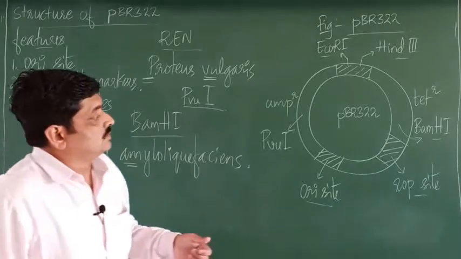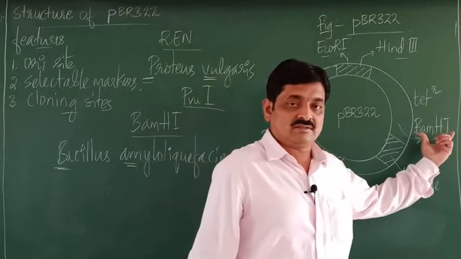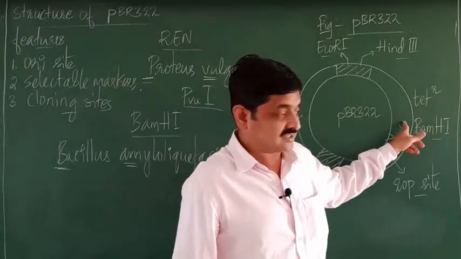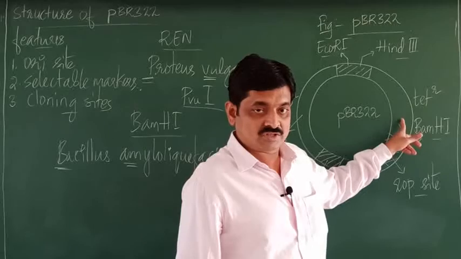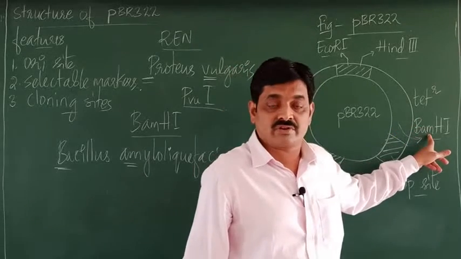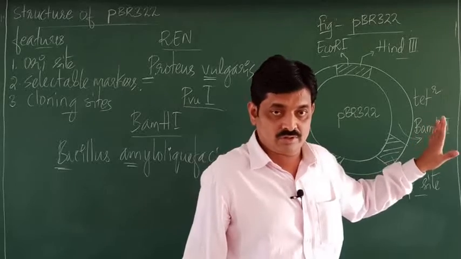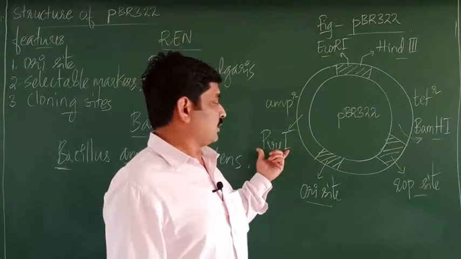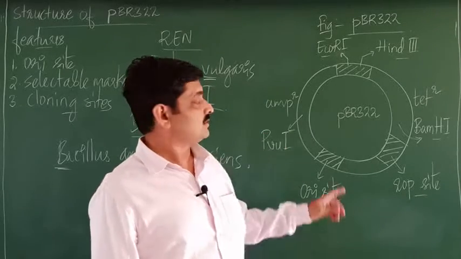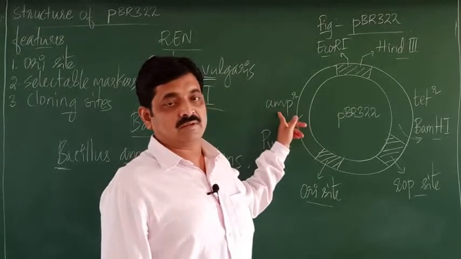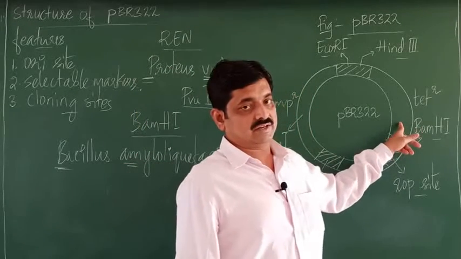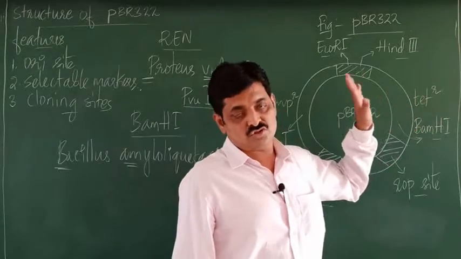Followed? So this restriction enzyme cuts the plasmid at this point. This is the cloning site for this restriction enzyme. This cloning site is located in this antibiotic resistance gene, whereas this site is located in this antibiotic resistance gene.